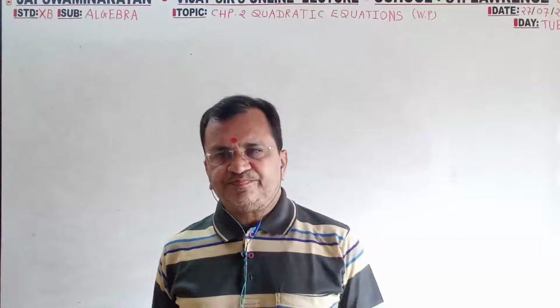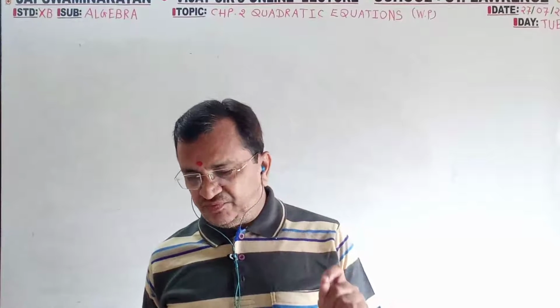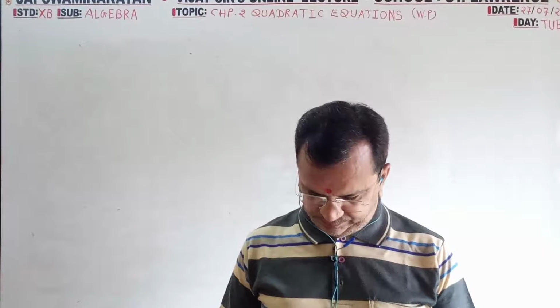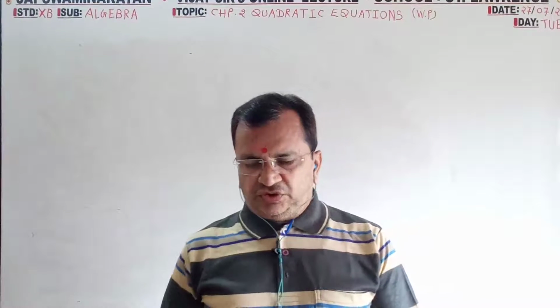Sum of square of two consecutive natural numbers is 244. There we have to change it: sum of square of two even. No, let me check. There is a mistake in the question. Sum of square of two even consecutive natural numbers is 244.